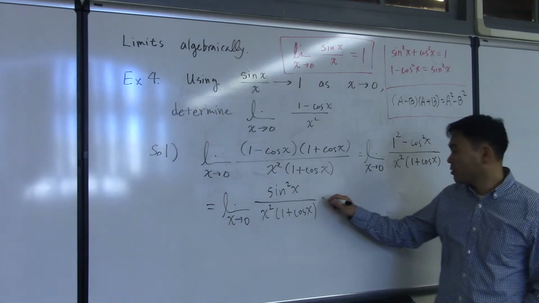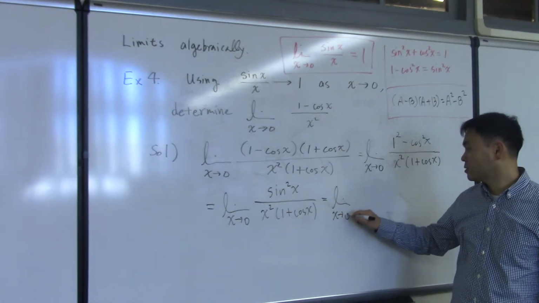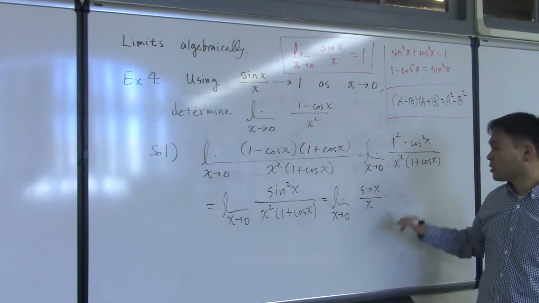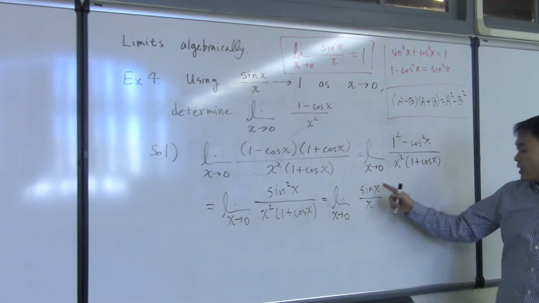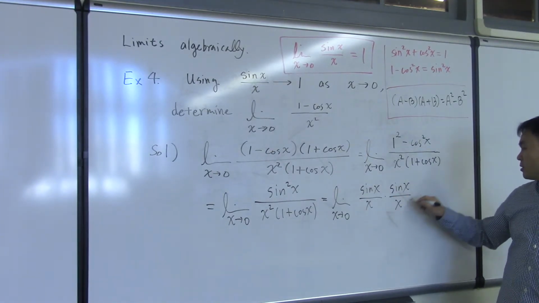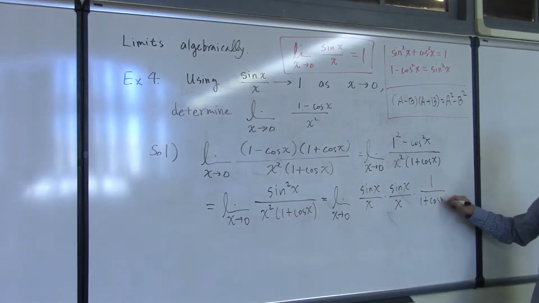And then, therefore, I can rewrite this as sine x over x times sine x over x times 1 over 1 plus cosine of x.